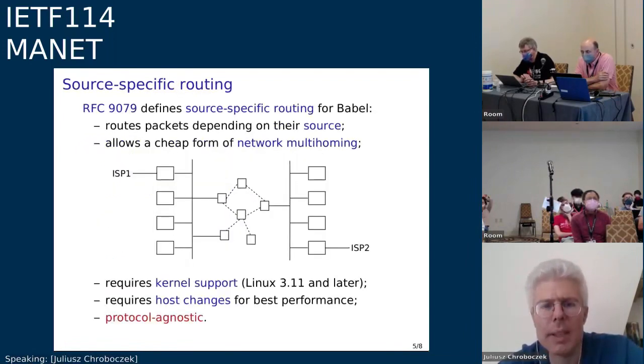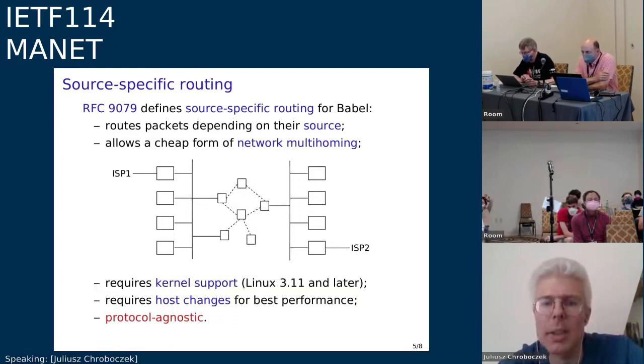Source-specific routing, sometimes called SADR for source address dependent routing, is an extension that allows routing packets depending on their source, and it allows a cheap form of network multi-homing. So you have your network, it's connected to two ISPs, and you want packets to be directed to one ISP or the other ISP, depending on their source address.